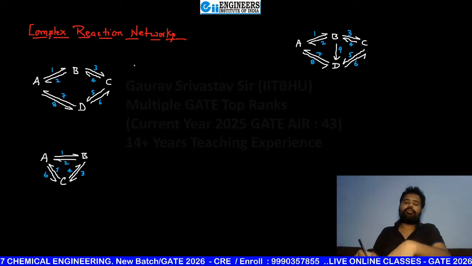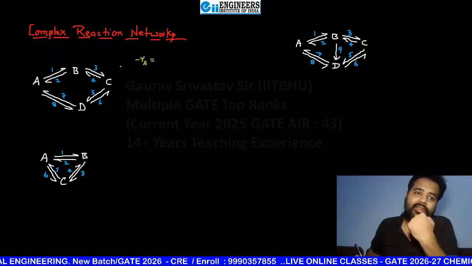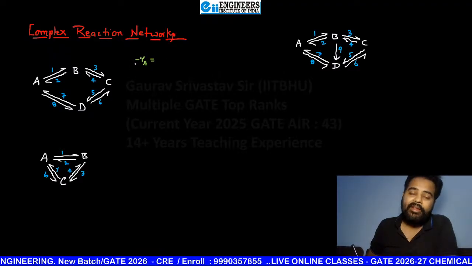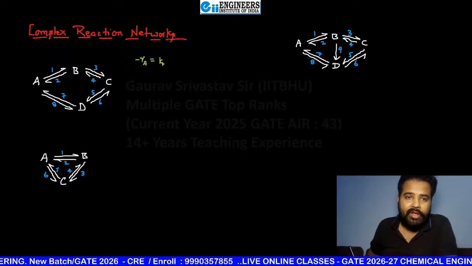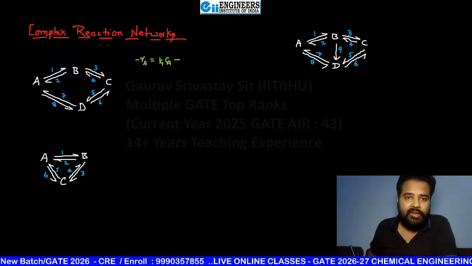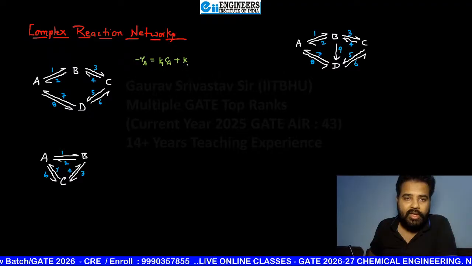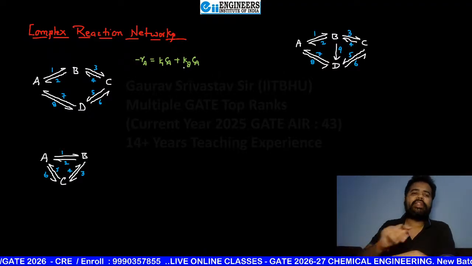It's very easy. Suppose here you want to write RA, then how to write it? Very easy. See, minus RA means rate of disappearance of A. So it's K1 CA, as well as one more path is there, plus K8 CA. Suppose I am telling all are first order.